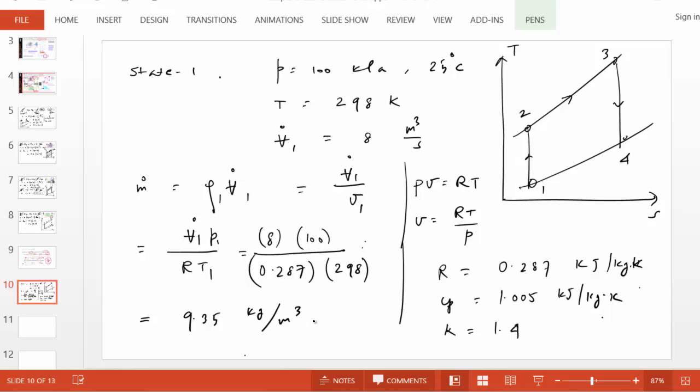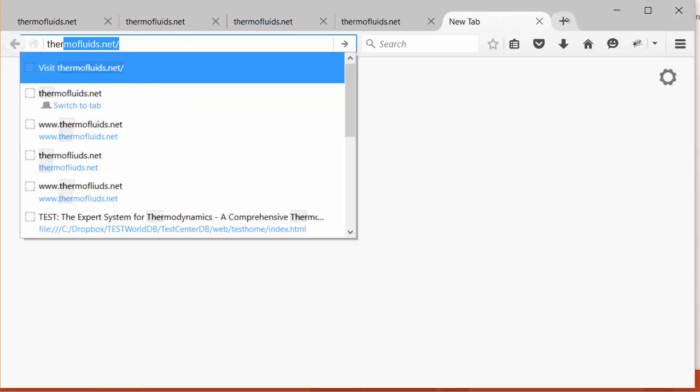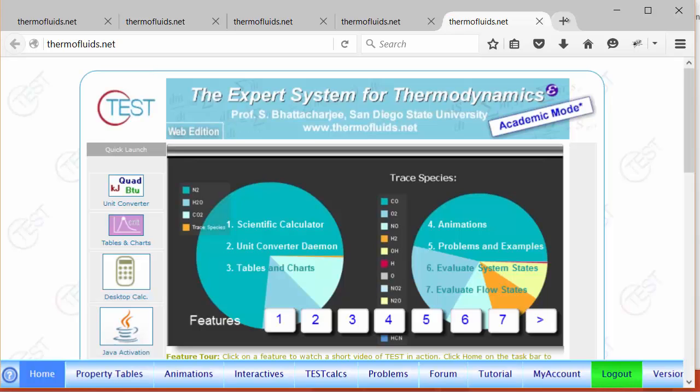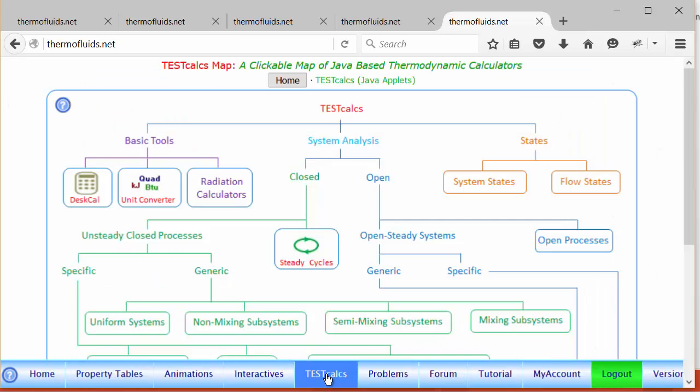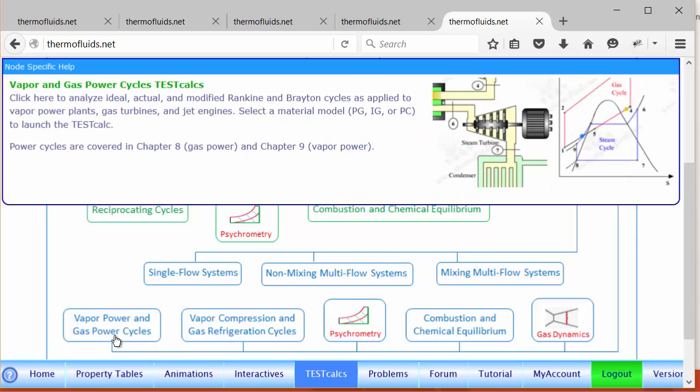Okay, now that we have found the mass flow rate, let's go and verify using TESTcalc. That will be our constant habit. So let's open up another copy of TEST and go to the TESTcalc module. And to solve a gas turbine problem, we follow system analysis. It's an open system, specific branch, and as you come down here, you can see vapor power and gas power cycles.